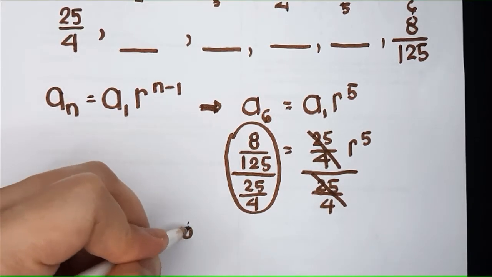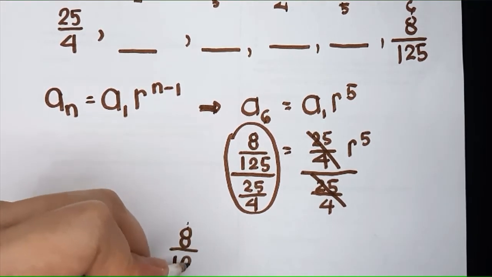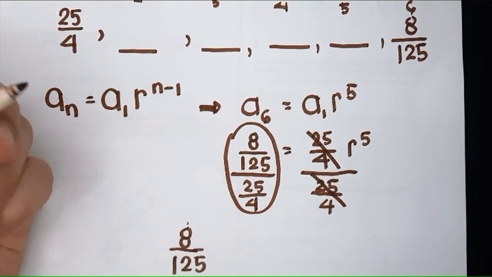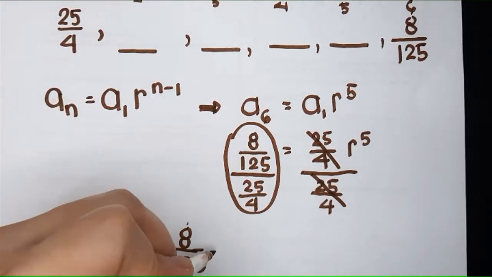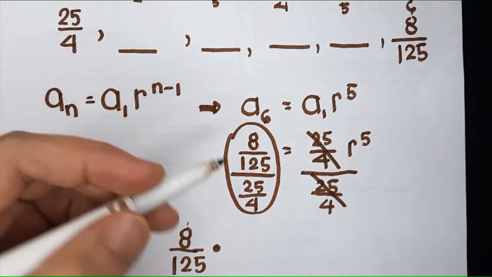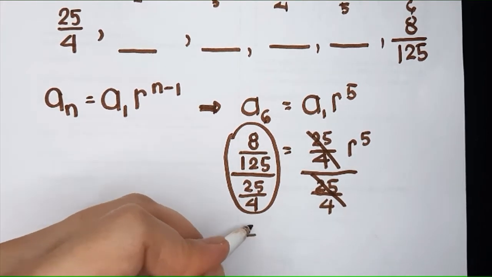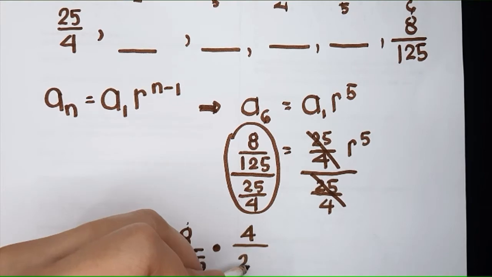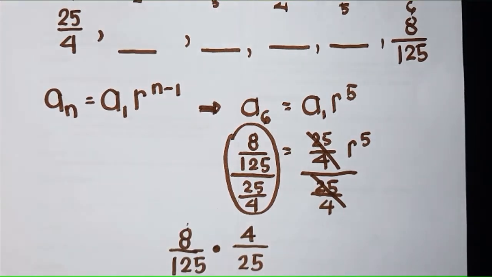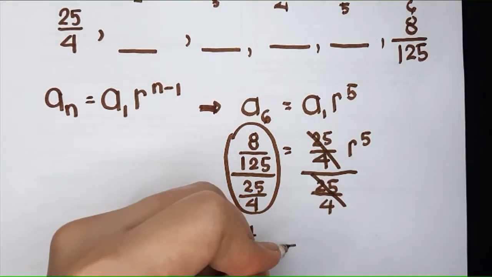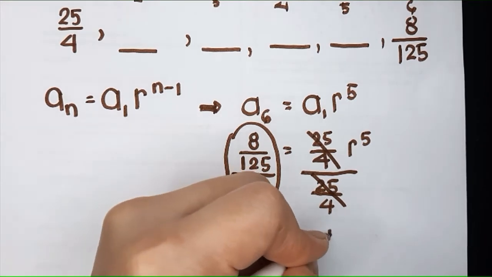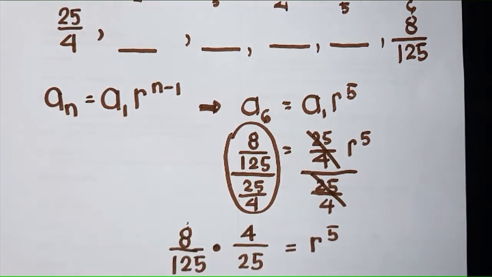You copy the numerator. So, ito yung nasa numerator. It's 8 over 125. And then, multiplied by the reciprocal of the denominator. So, ang reciprocal niyan, pagbabalik-tarin nyo lang ang numerator and denominator. Okay? And this is equal to r raised to 5.